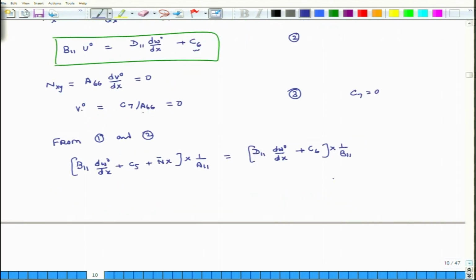So I have eliminated u naught from here, and this is an equation only in dw dx.